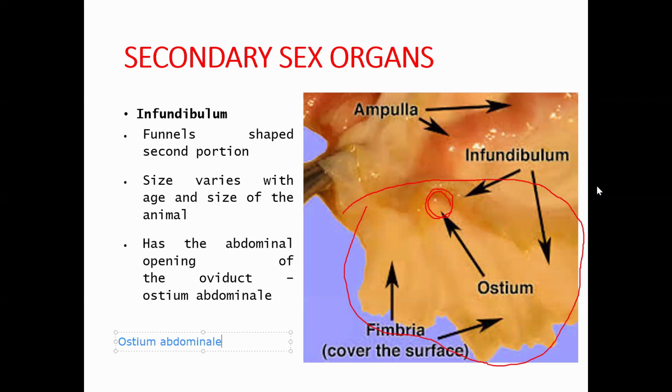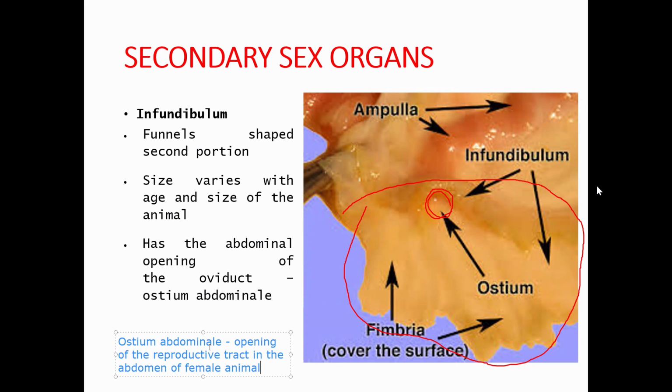Can you see this one? The ostium abdominale. Can you see it? Yes, Doc. Yeah. So this is an opening of the reproductive tract that is exposed in the abdomen of the female animal.